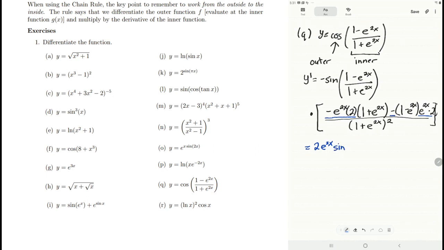Then it's sine of 1 minus e to the 2x over 1 plus e to the 2x. And then this is multiplied by 1 plus e to the 2x plus 1 minus e to the 2x. And this is all over 1 plus e to the 2x squared.